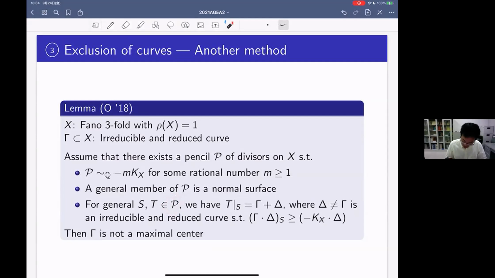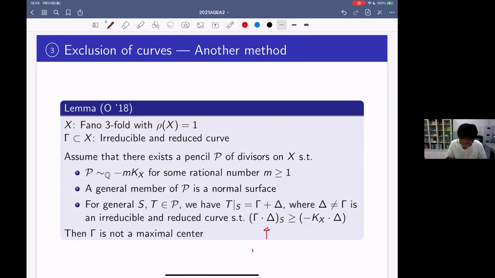The divisor T restricted to S is gamma plus delta. Gamma is this gamma, and delta is an irreducible and reduced curve, satisfying this kind of inequality.